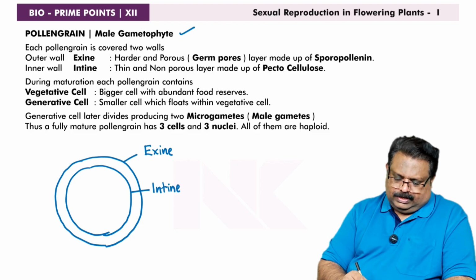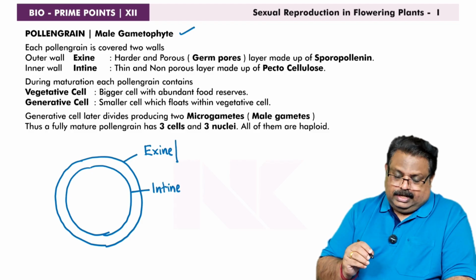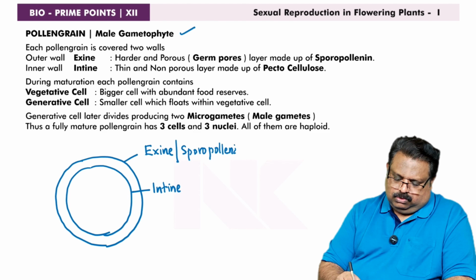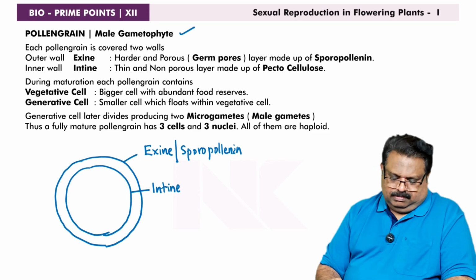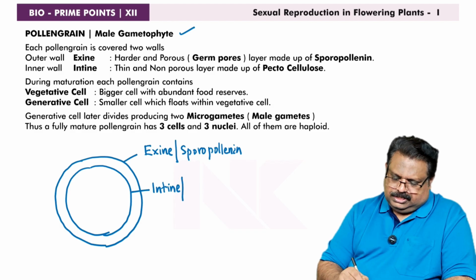The speciality of exine is that it is made up of a very special type of chemical. That chemical is called sporopollenin. It's the most resistant biological material. And the inner wall is called intine, which is made up of pectin and cellulose, pectocellulose.